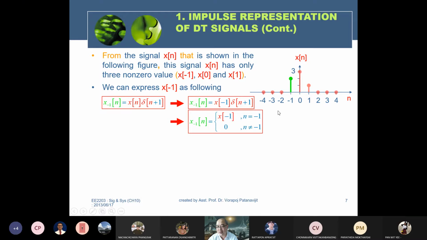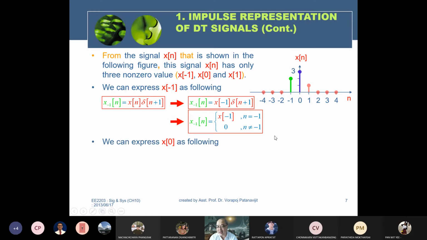The location is at +1, right? The magnitude equals 2. Therefore, the green one equals 2 delta[n plus 1].